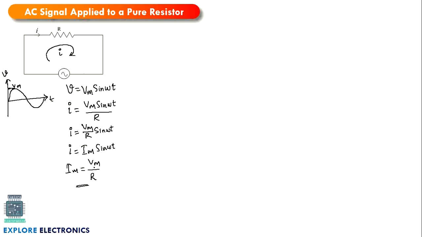If we represent these two signals, the voltage we have applied and the AC current flowing through the circuit, in a phasor diagram, the phasors will look like this. This is the voltage signal with a maximum value Vm, and the current will also fall in the same direction and on the same axis.